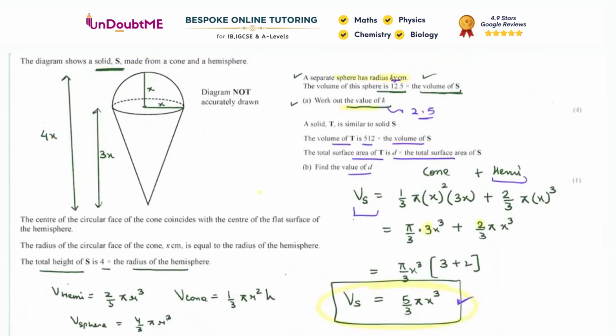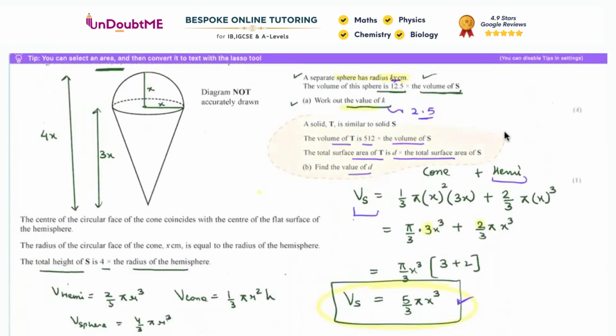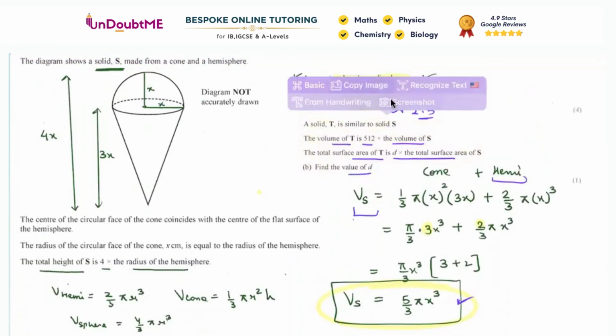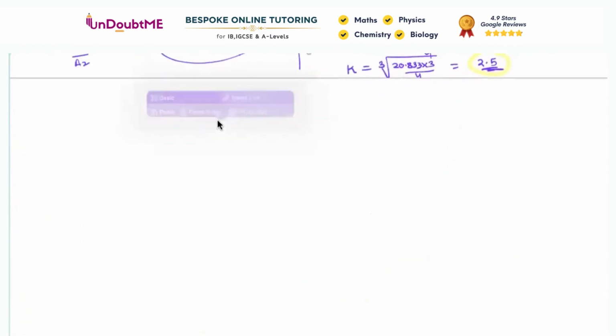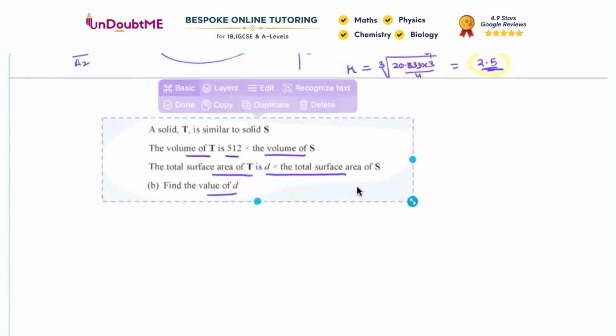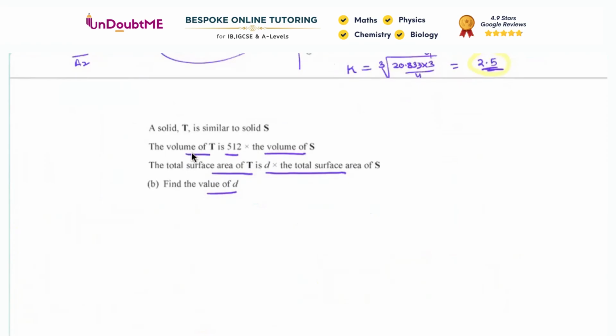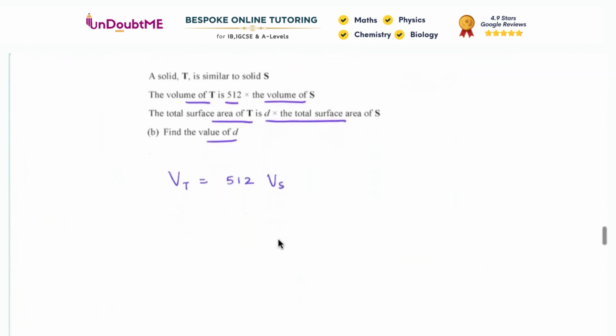As per the question, let me take this part separately. The volume of T is 512 times the volume of S. 512 is basically the cube of the scale factor.